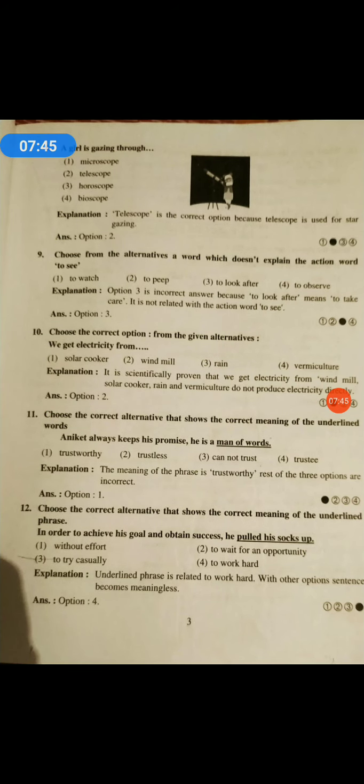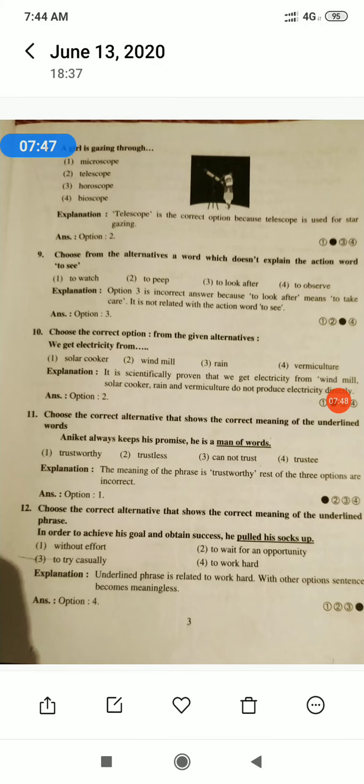Then see, eighth one: a girl is gazing through dash. Options: microscope, telescope, horoscope, bioscope. See the explanation for that.